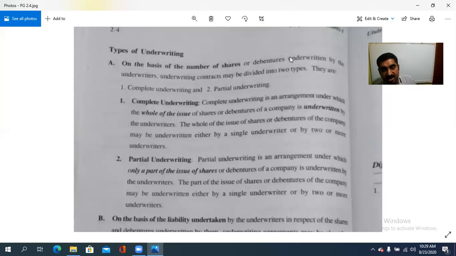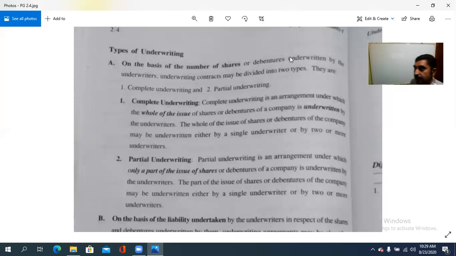While partial underwriting is the opposite, meaning only half. So only a part of the issue of shares or debentures of a company is underwritten by the underwriters. In such a case, the part of the issue may be underwritten either by a single underwriter or by two or more underwriters.